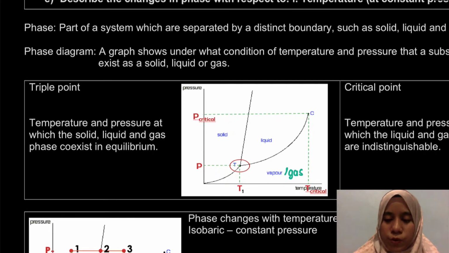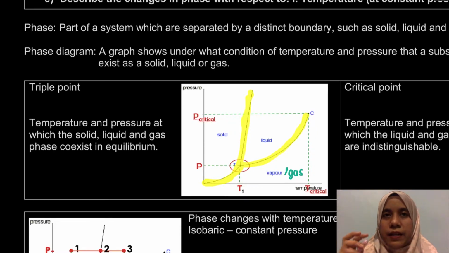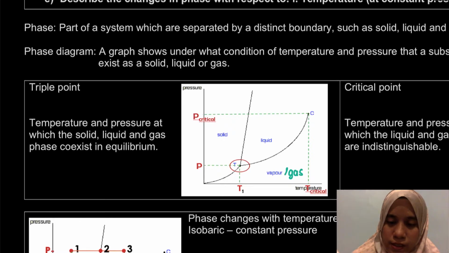Besides that, you have to draw lines. The shape is easy to remember, like a twig. These lines separate the phases themselves. This line separates solid and liquid, this one is between liquid and gas, and the bottom one is between solid and vapor.